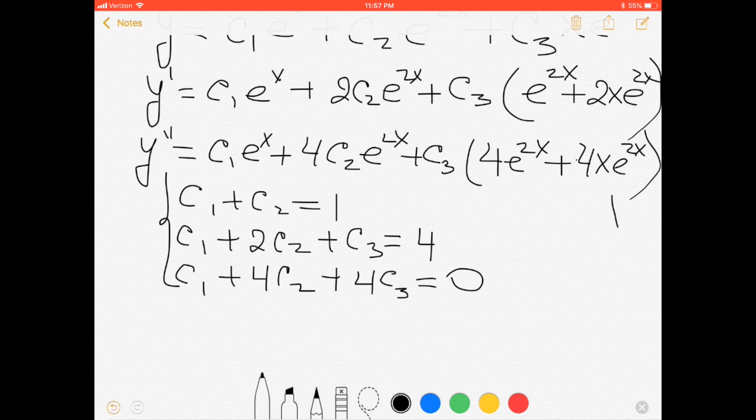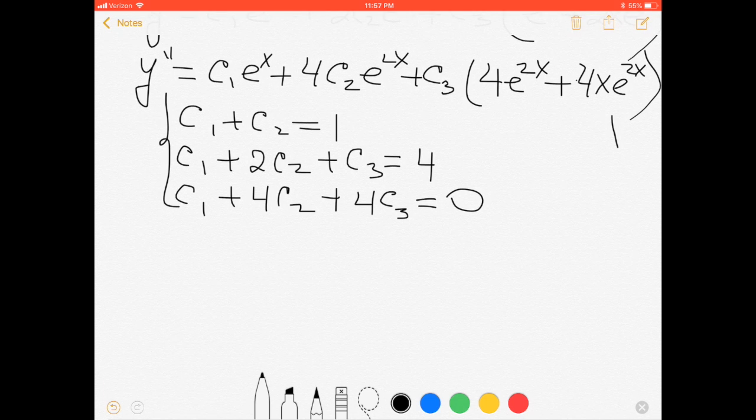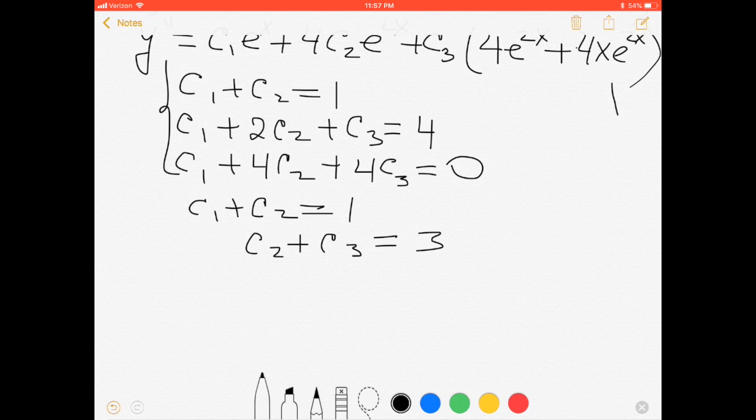This means I need to solve this system. Easy way: the first equation we save, and then subtract the first equation from the second. We have c2 plus c3 equals 3. And subtract the first equation from the third one. I have 3c2 plus 4c3 equals negative 1. Okay.